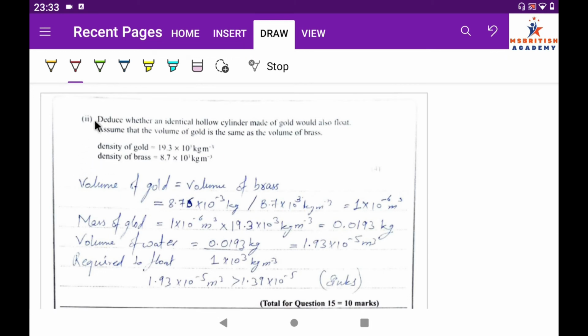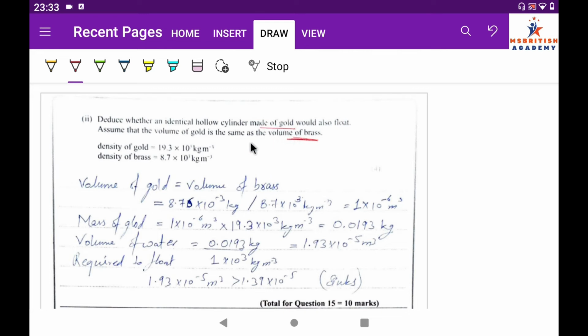Question number 2, subpart 2: deduce whether any identical hollow cylinder made up of gold would also float. Assume that the volume of gold is the same as the volume of brass. Now if we change the brass cylinder to gold, then what will happen?